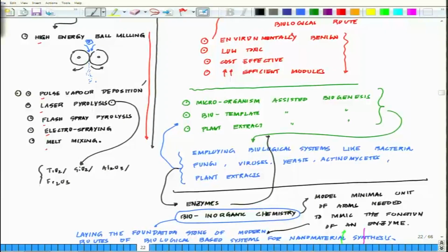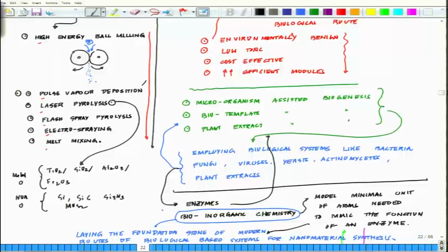So, these are all the metal oxides, and among the non-oxides you have silicon, silicon carbide, silicon nitride, molybdenum sulfide. There are a series of things which you could produce using laser pyrolysis.